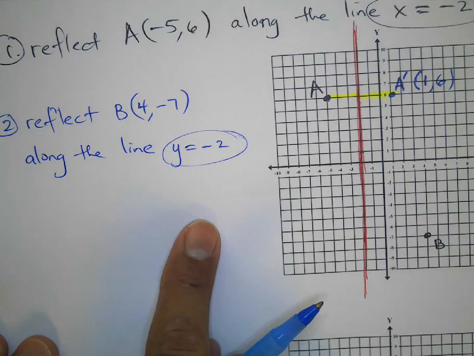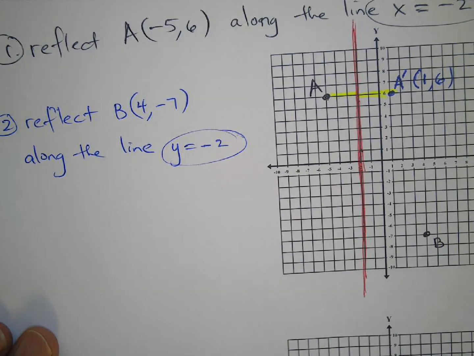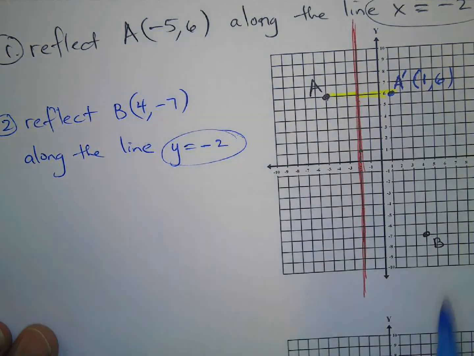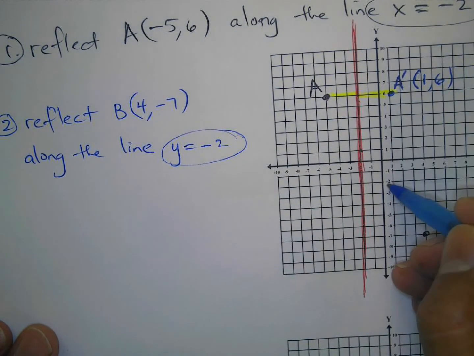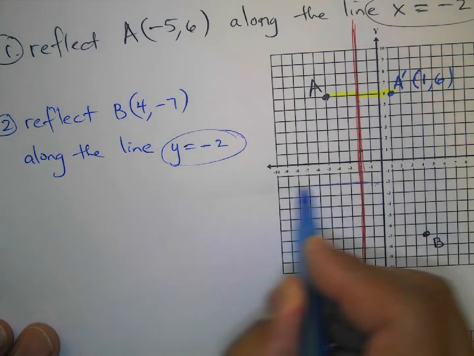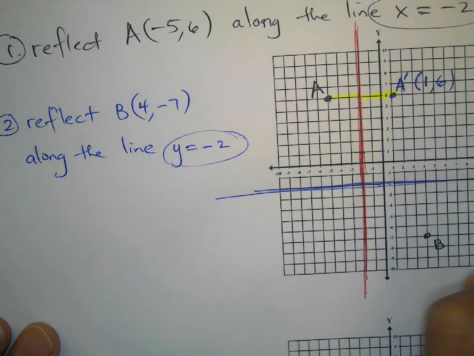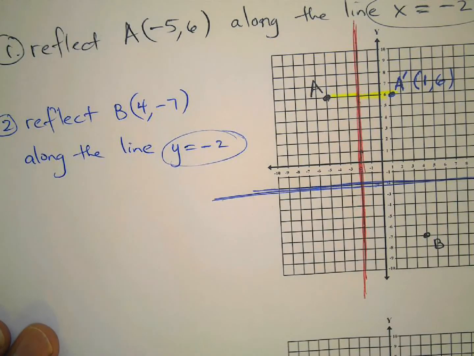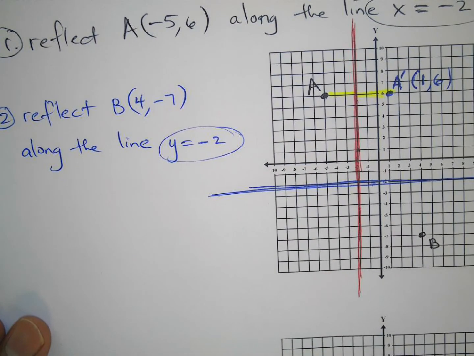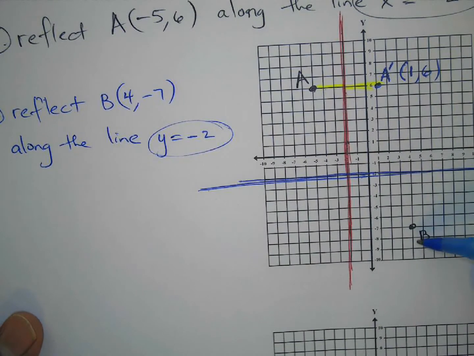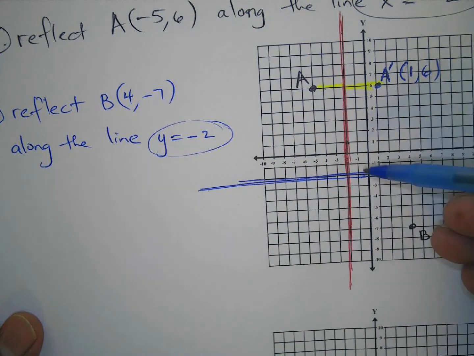That's your line. You have to first get this line of reflection. Where is y equal to -2? Well, I go to the y-axis. Here's -2. Here's the line y equals -2. And so now how do I reflect this point along this line, right?